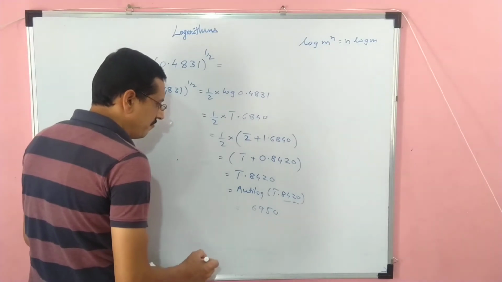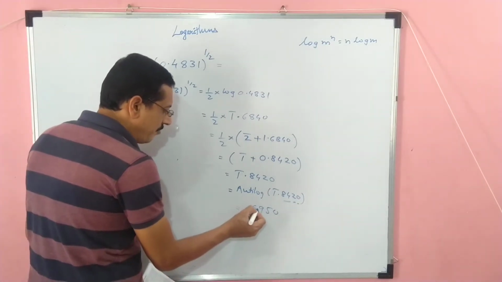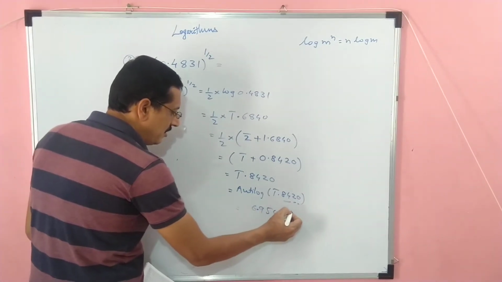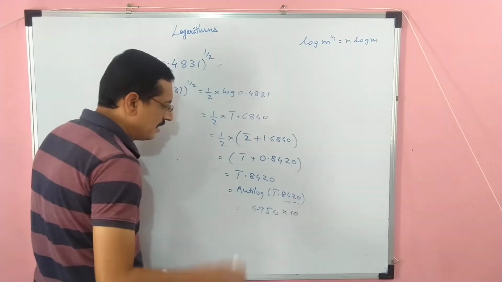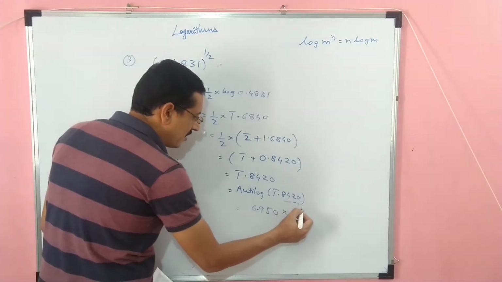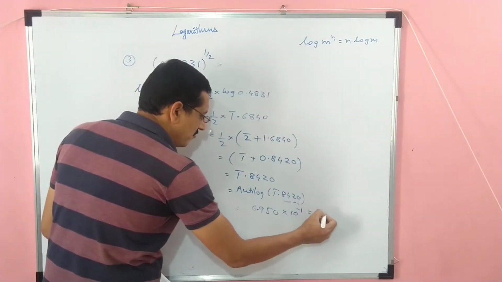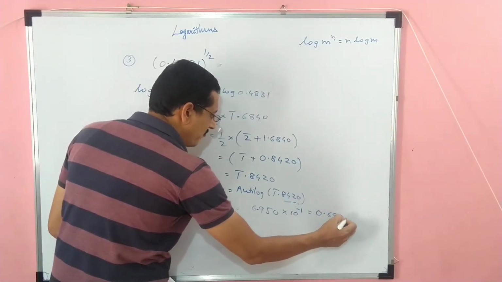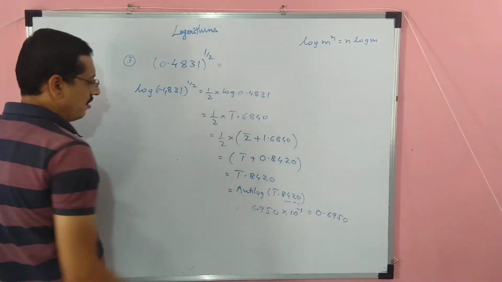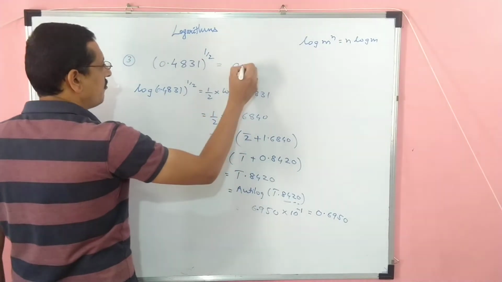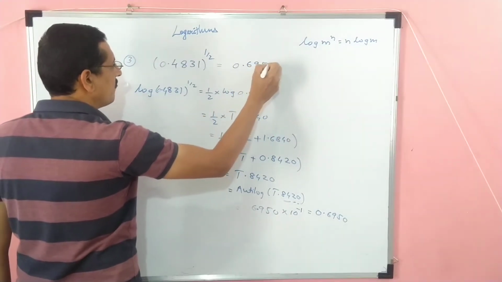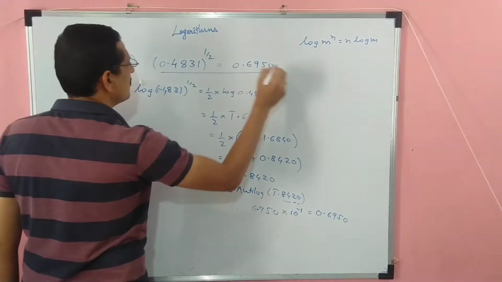This is the value of it. Always give the decimal point after the first digit into the characteristic. Characteristic is bar 1, meaning 10 to the power minus 1. If it is 10 to the power minus 1, it means 0.6950 is the value. So the square root of this, 0.6950, is the answer for this student.